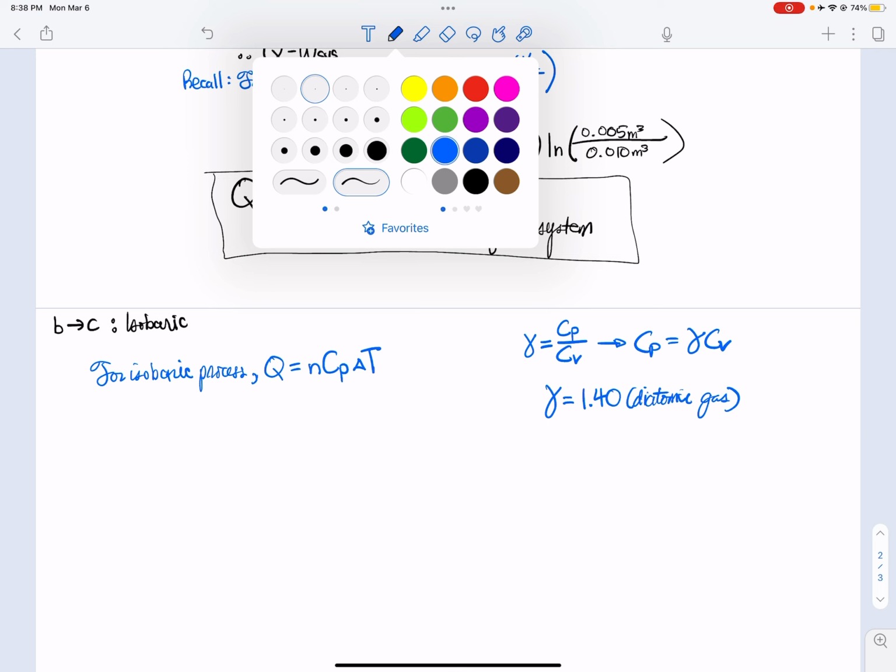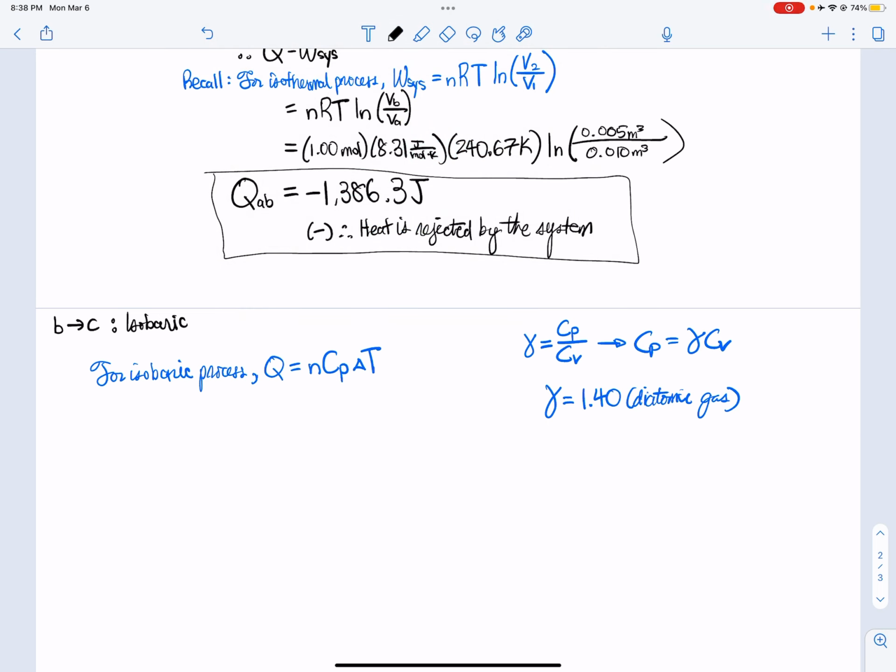All right. So now back to our problem. Instead of using CP, right, since we're trying to figure out Q, which is n CP delta T, I'm going to substitute CP now, so it will be n times gamma CV delta T, right?